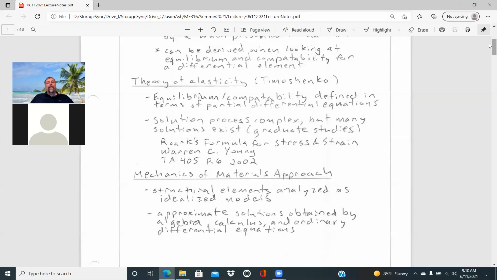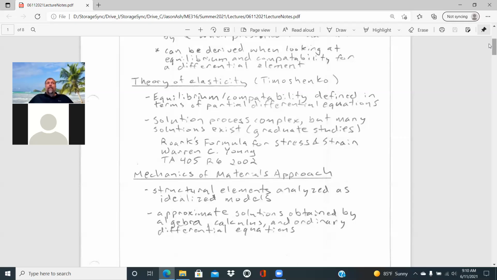So you can get a better idea of what those states of stress, states of strain, displacement are. And then with that being a more complex solution method, if you are still within that ballpark order of magnitude from your mechanics of materials approximation, you have a little bit more confidence in your theory of elasticity solution.